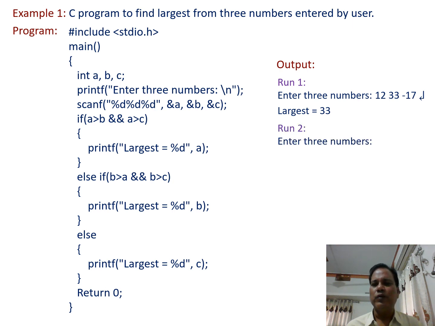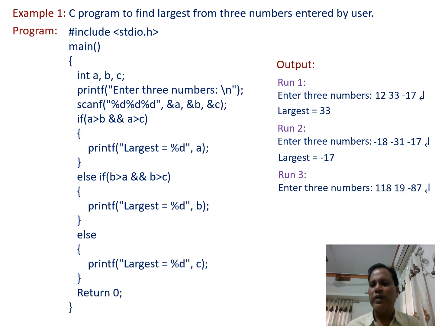Then in run 2, we enter three numbers, and we get that the largest is minus 17. In the third run, when we enter three numbers like this, we get the output largest as 118.